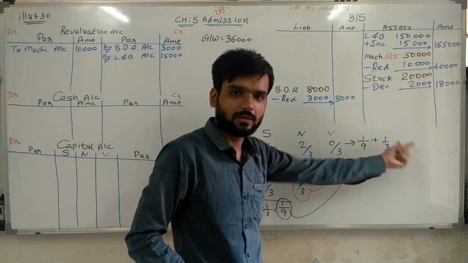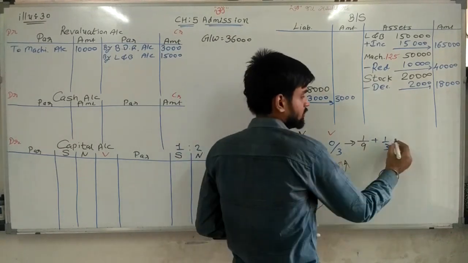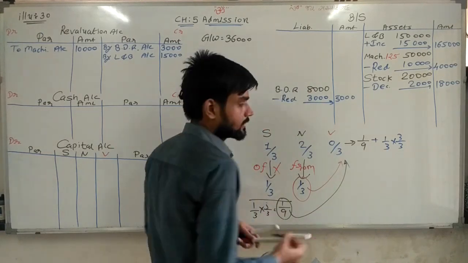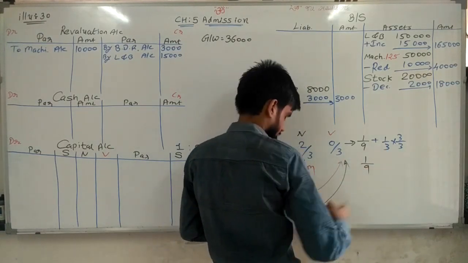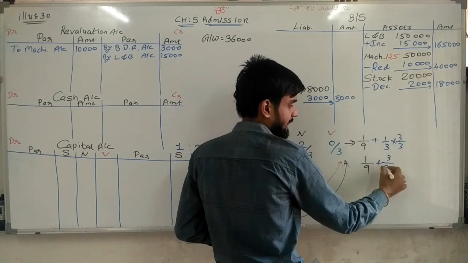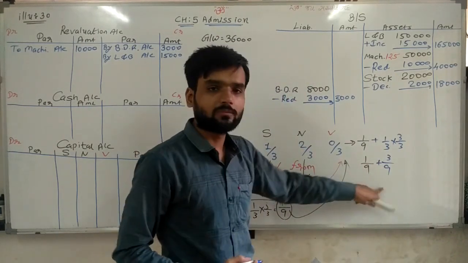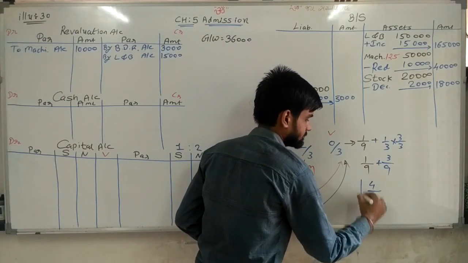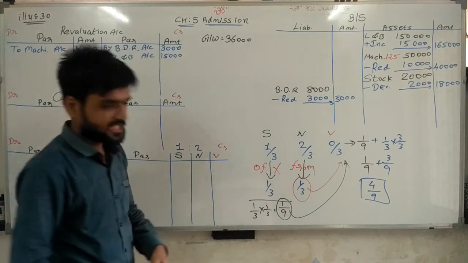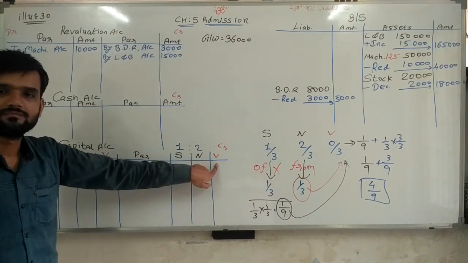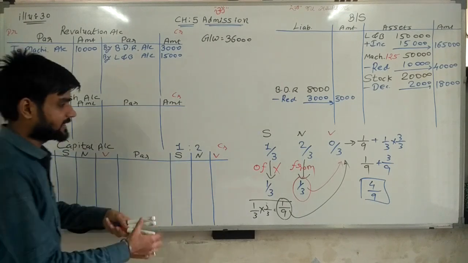Here 3 multiply with 3, then we get 9. So multiply numerator and denominator both. 1/9 as it is. 3 1s are 3, 3 3s are 9. Now sir, denominator becomes the same. 1 plus 3, 4/9. This 4/9 is the ratio of Vijay. Now I can write here.